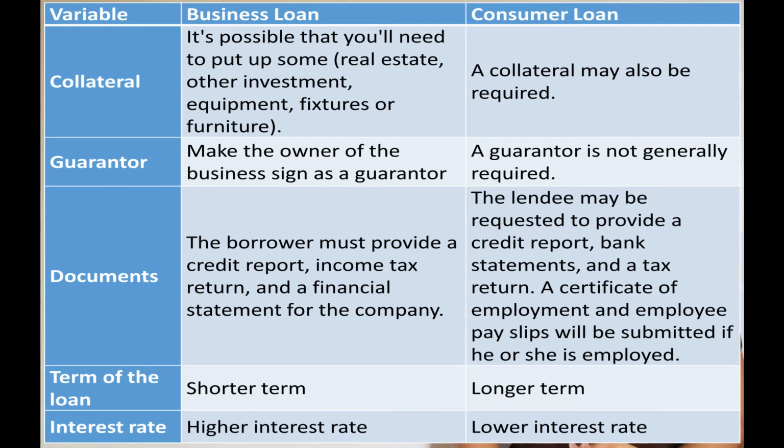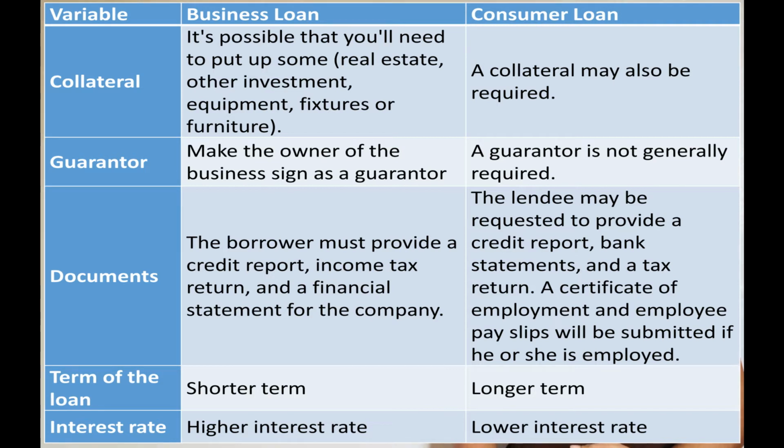Third, when we talk about documents, in a business loan, the borrower must provide a credit report, income tax return, and a financial statement for the company. While in a consumer loan, the lendee or borrower may be requested to provide a credit report, bank statements, and a tax return.